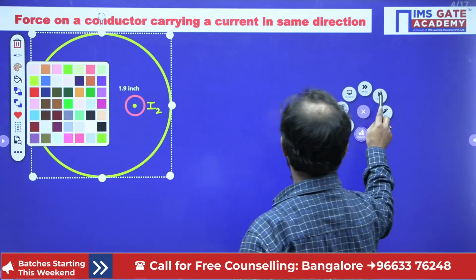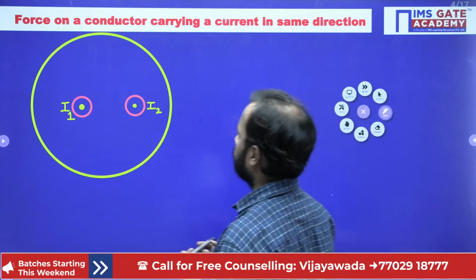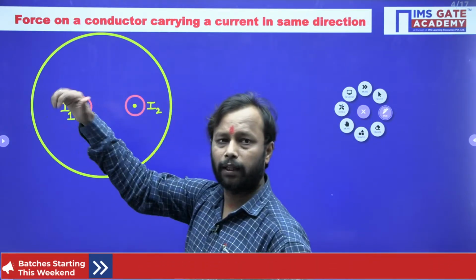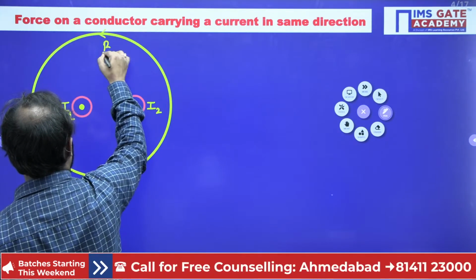This is the magnetic field flowing in the anti-clockwise direction, due to current I1.